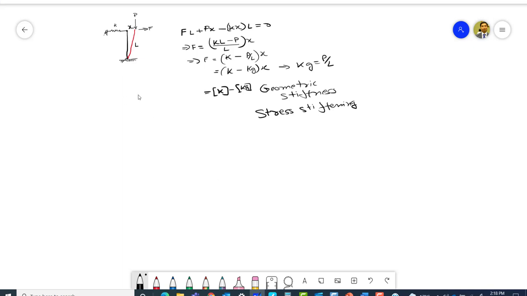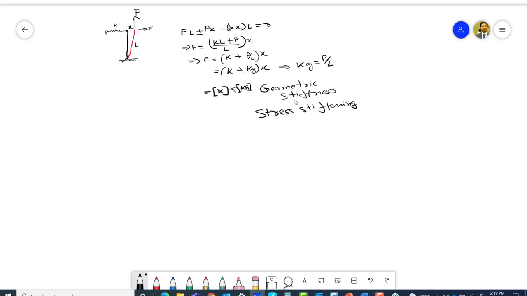Now it could be the other way around. If we reverse this loading action, for example, the P is acting upward. Now, if the P is acting upward, then we can define this term instead of this plus, it would be like minus. And when it would be minus, we can get this term as plus, plus, plus, and so on. That means if the load is acting upward, then my overall stiffness gets improved.